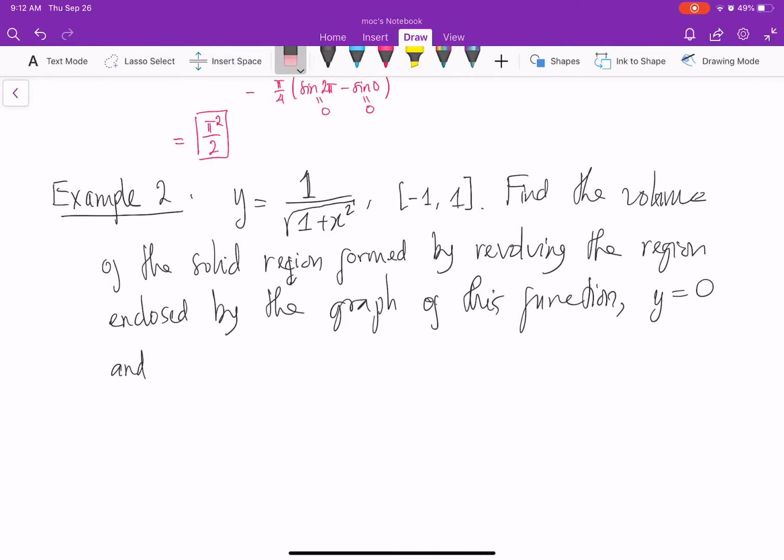Just we consider the interval -1 to 1, okay?